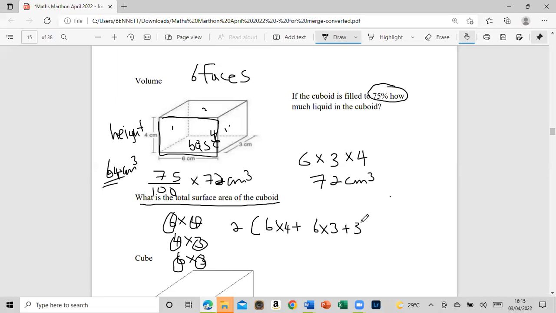That's not hard, guys. And because the 2 are the same shape, 6 by 4 is 24, 6 by 3 is 18, 3 by 4 is 12. 12 and this give 30. So that's 30 plus this is 54. So it's 54 times 2, which is 108 centimeters squared.